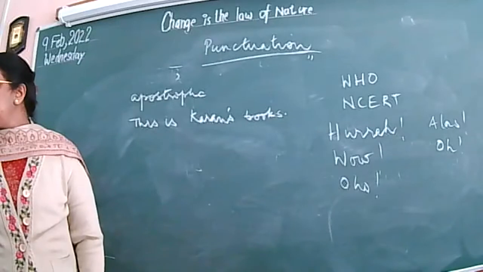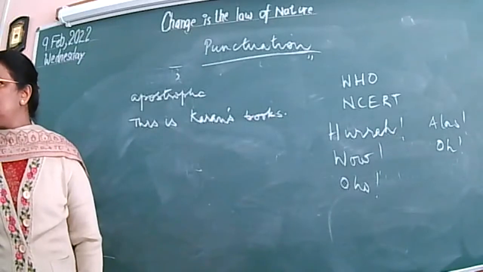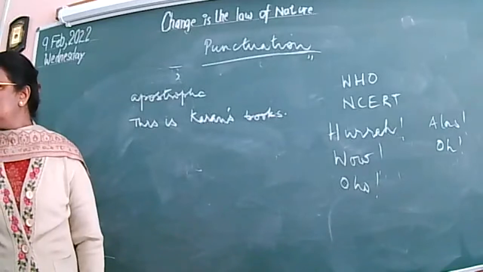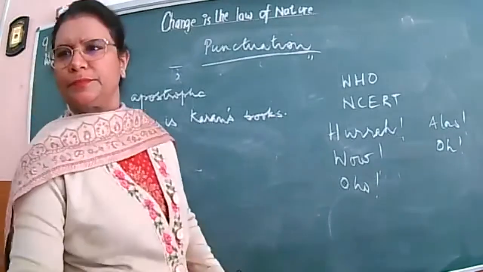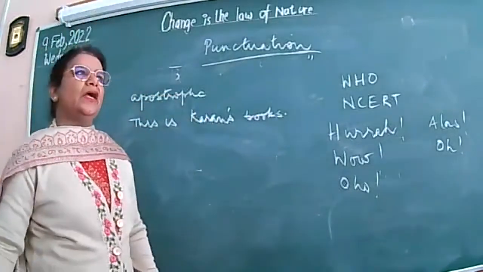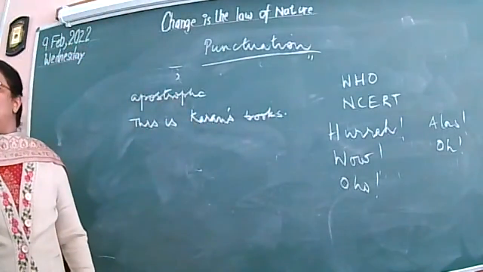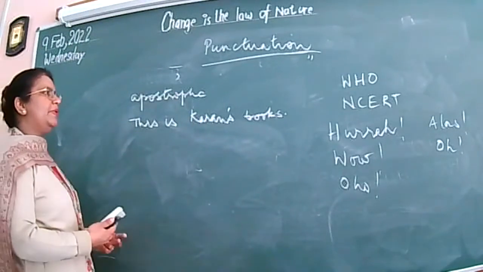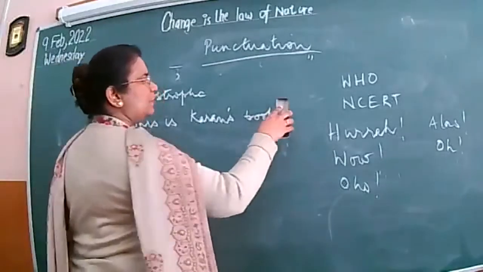I don't want any animals in the class, or cats and dogs will be thrown out. Right? So when can I use an apostrophe with a plural? After S. So can I have an example? Karan's book, okay?